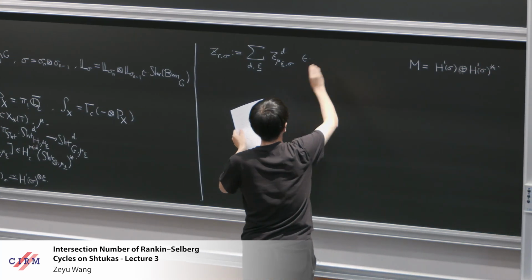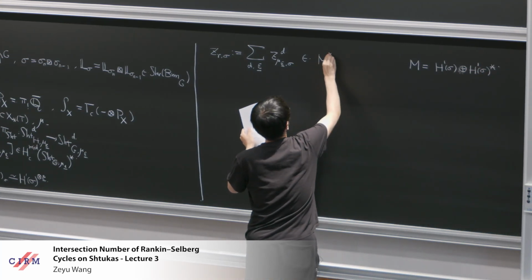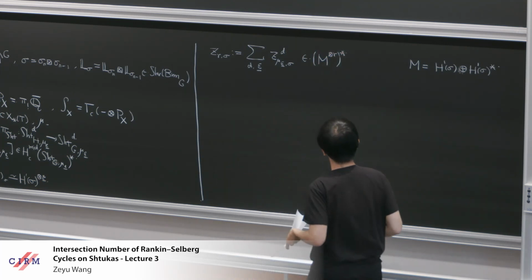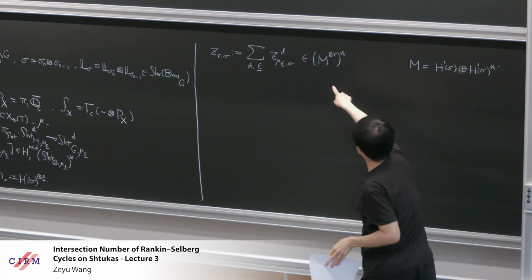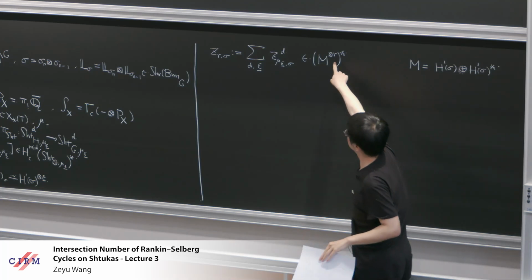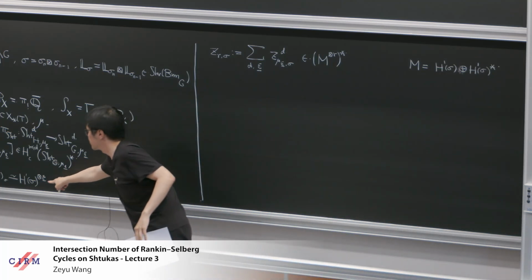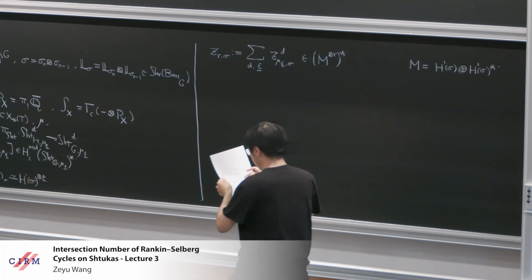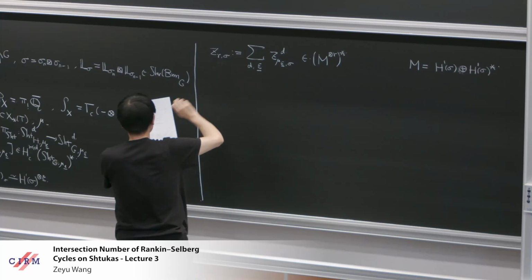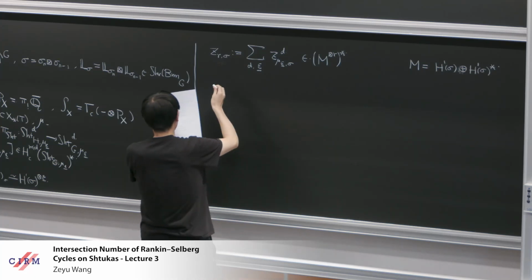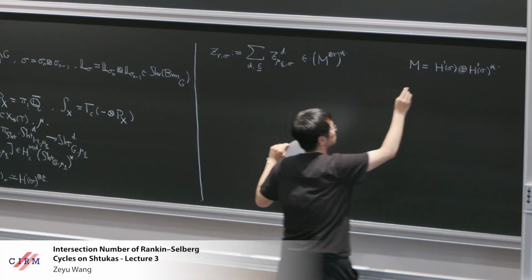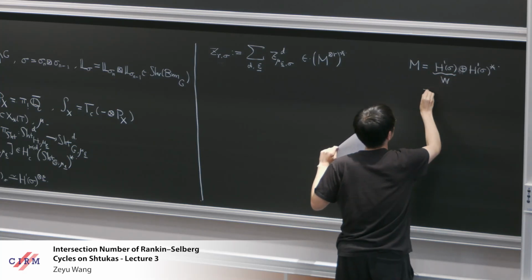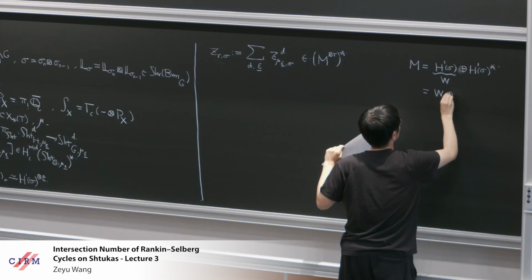So this is really an element that lies in M tensor R dual. Because if you write M as a direct sum and expand this tensor product, you will see all these sigma isotypic parts. So this special cycle really lies here. And I want to use W to denote this cohomology. So M is W, the direct sum is W dual.